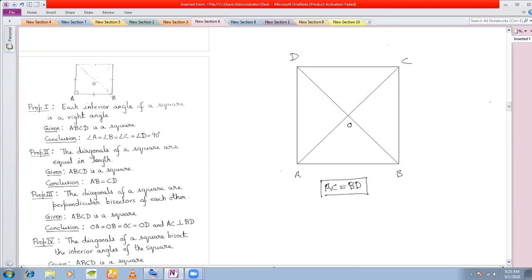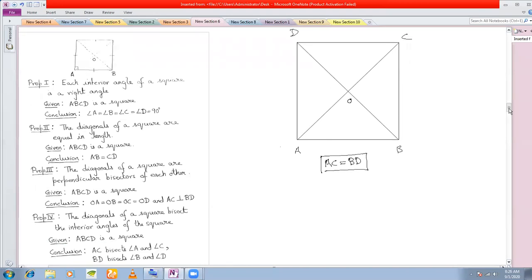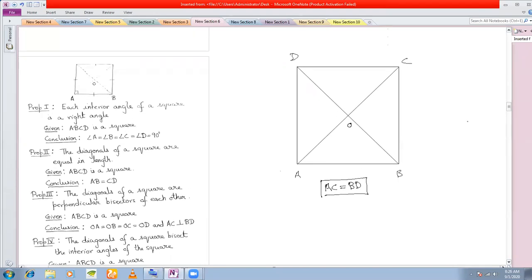Remember, the third property is that the diagonals of a square are perpendicular bisectors of each other. This property looks the same as the properties of a rhombus. So if I have these two as our diagonals, then according to this property, they are perpendicular bisectors of each other.